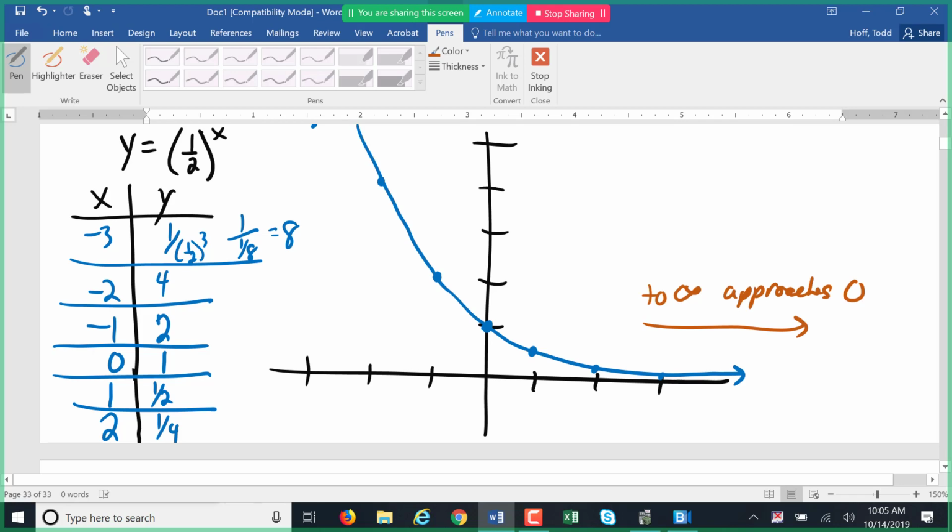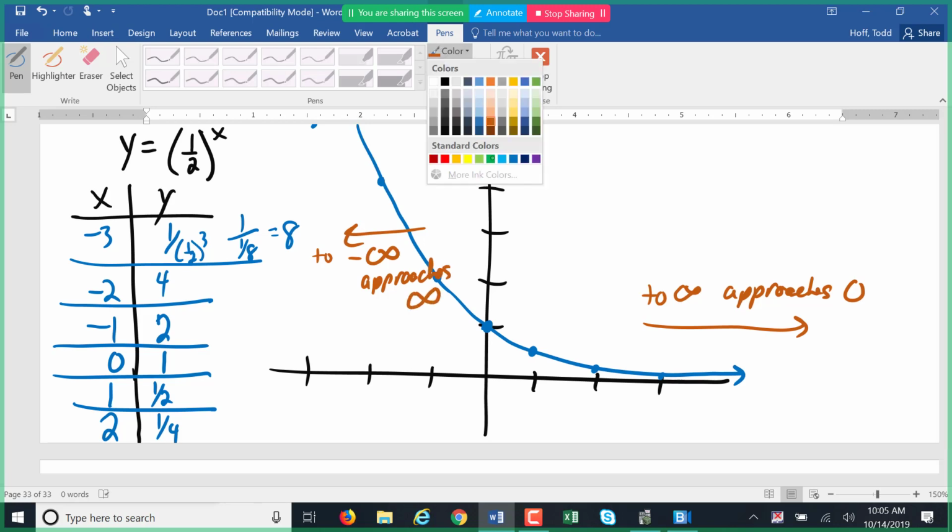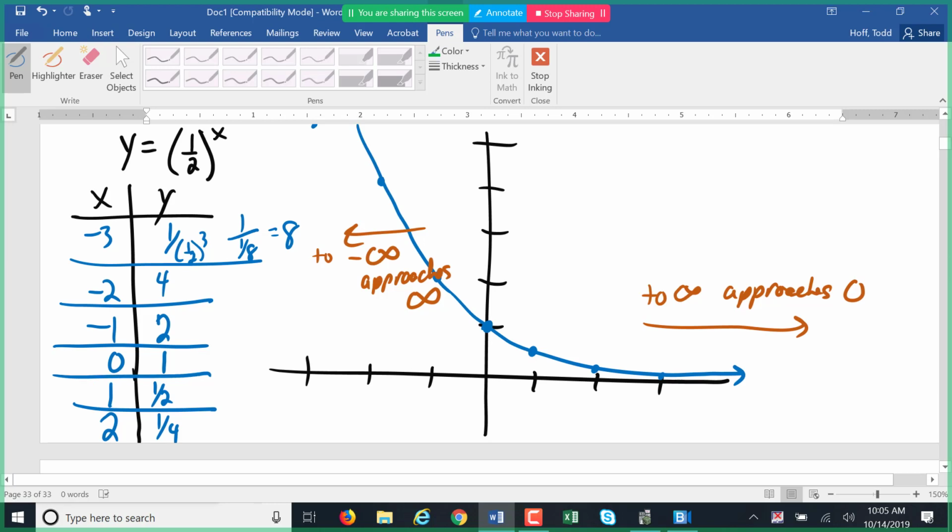And in the other direction, as I go to negative infinity, it approaches infinity. This curve, you'll notice, is exactly backwards to the one we had in our last example. So the big question is, what's different?